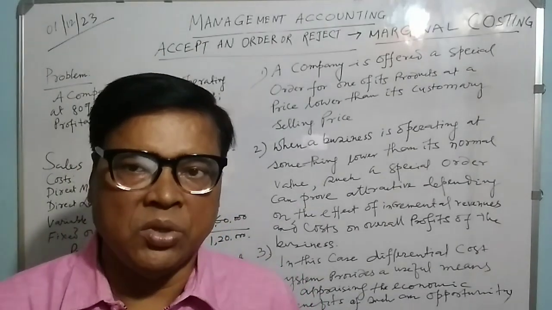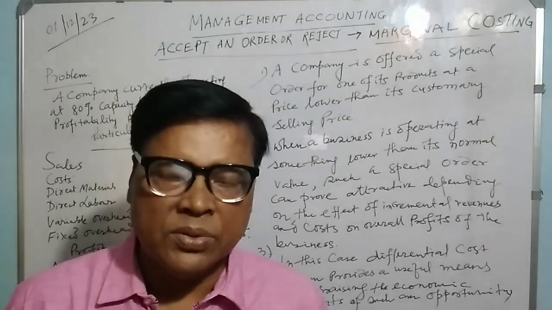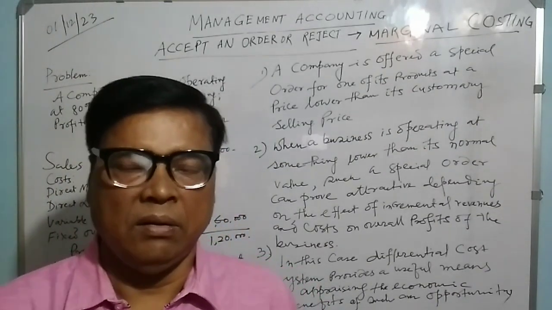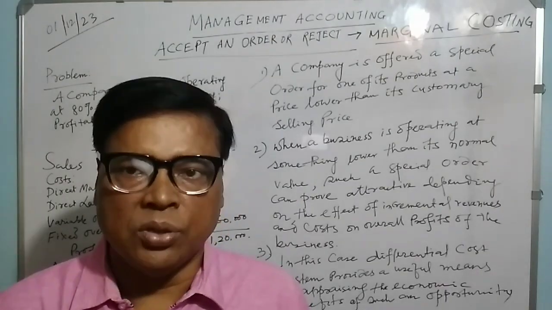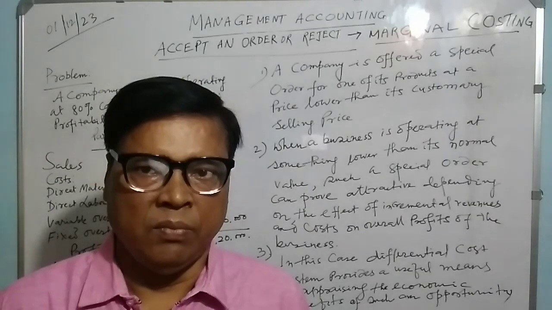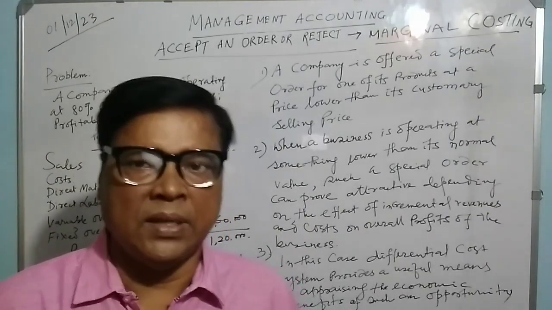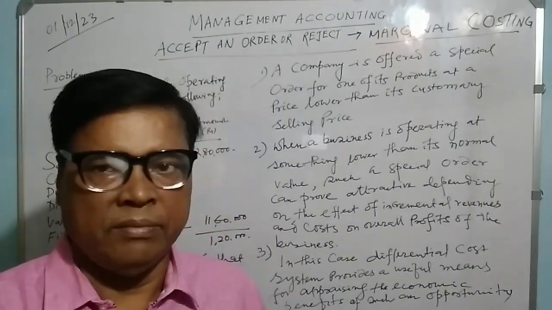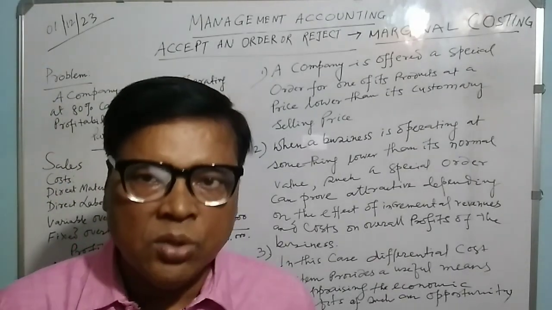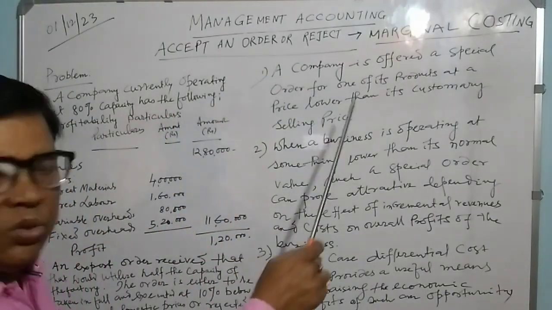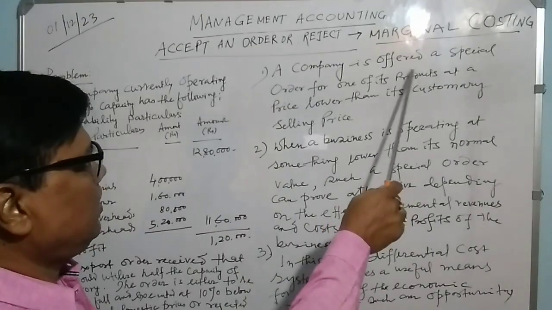So in such situations, what are the options before you? You have to see whether both the local market as well as the international market, that is the export order, can be executed or not. So this is the situation we are discussing.